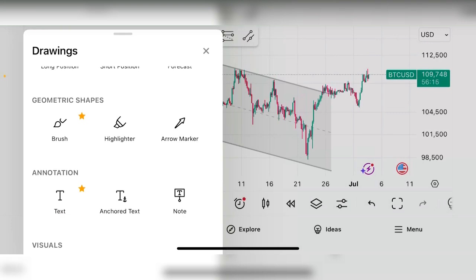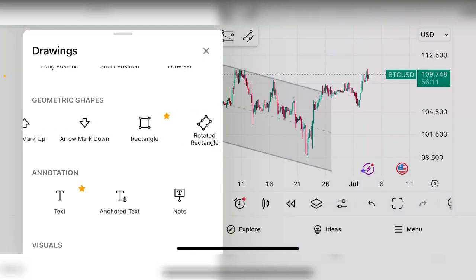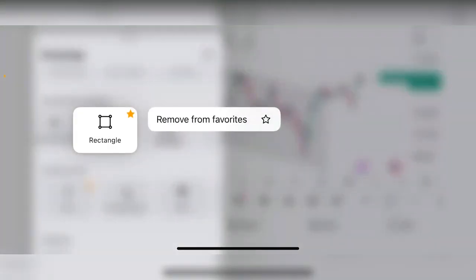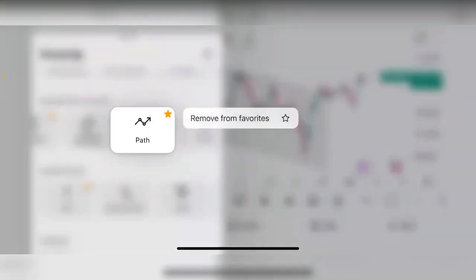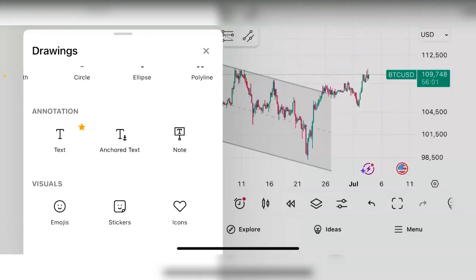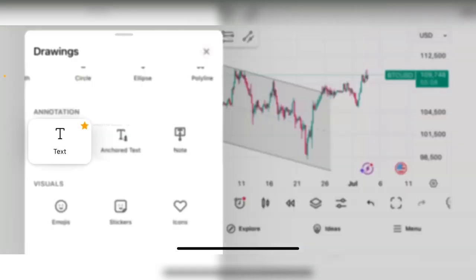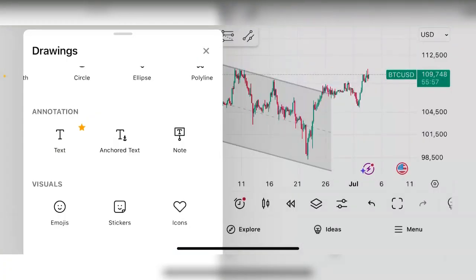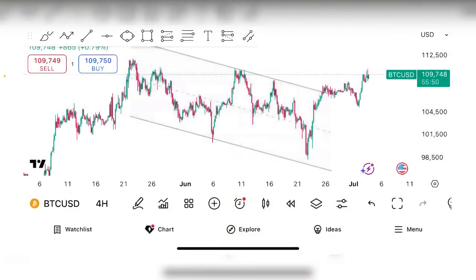Geometric shapes, you find the brush tool, the rectangular tool, the path tool, and you also find the ellipse tool. You find the text tool on annotation. So those are the major tools I use.